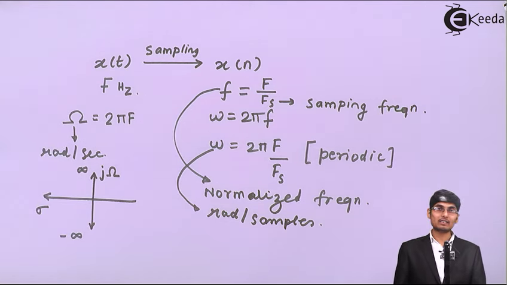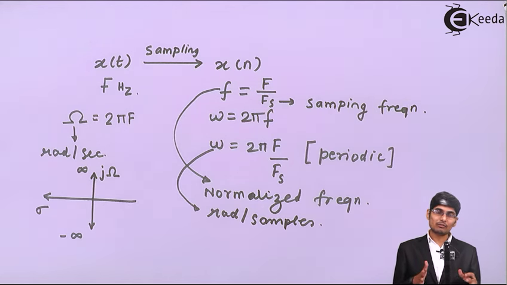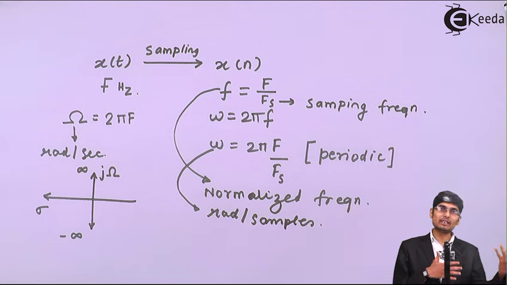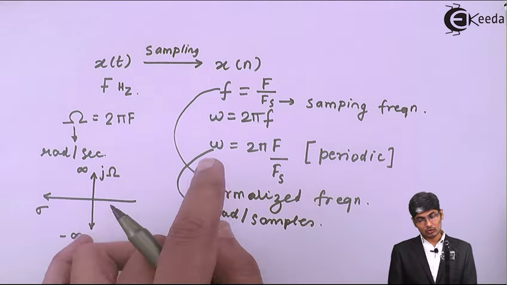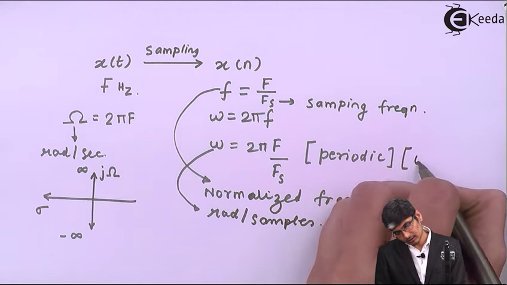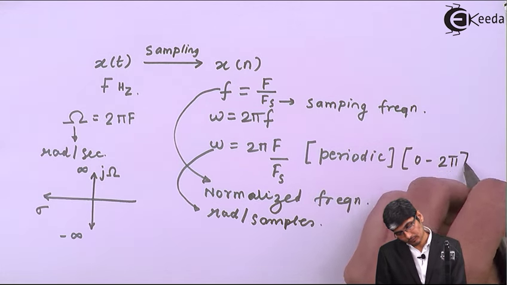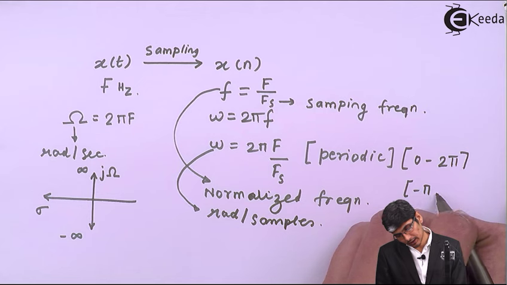If it is periodic, that means after certain values the frequency is going to get repeated, so after some value I am going to get the same values again and again. The period of this is 0 to 2 pi, or we say from minus pi to pi.